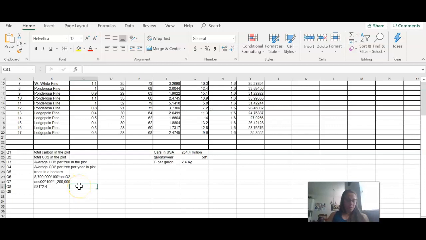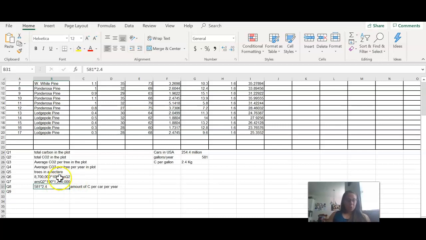Oh, also I forgot to write down here what it is that we're doing. So we said amount of carbon per car per year. Cool. So again, on number 9, we want to know what the equivalence is of hectares of trees that are consuming the carbon to the amount of carbon that is used up by one car.